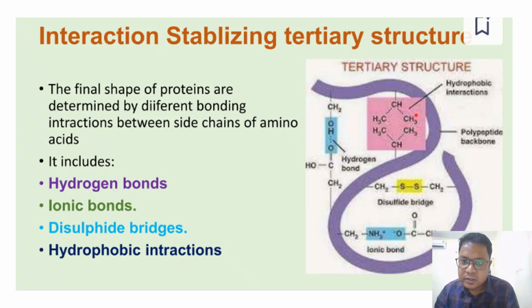There is a hydrophobic interaction between two side chain groups, and there is a sulfur-sulfur bond, which is possible in the case of the amino acid cysteine, and there is an ionic interaction, which could be between the carboxylate and the NH3 plus ion of two different groups. So these are the different forces responsible for stabilizing the tertiary structure of the protein.